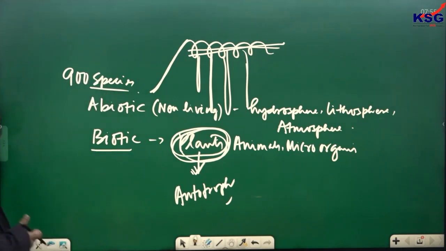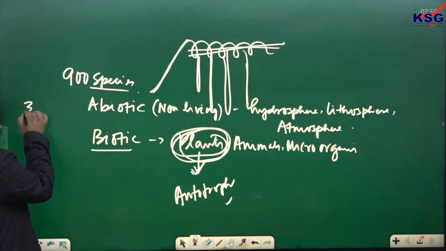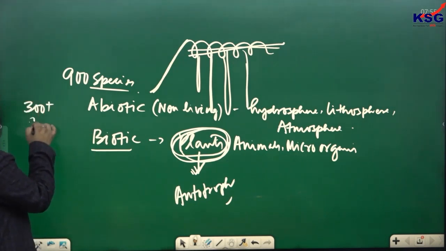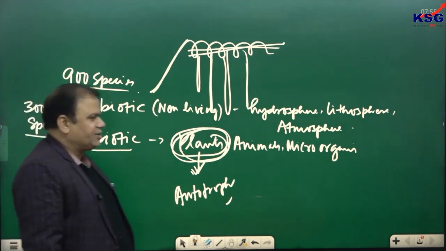But the question is where the maximum of them is present, and more than 300 species are present in the coastal areas of Tamil Nadu.